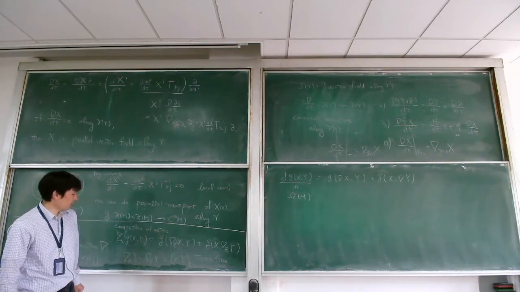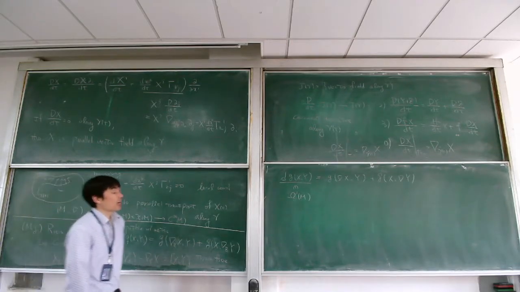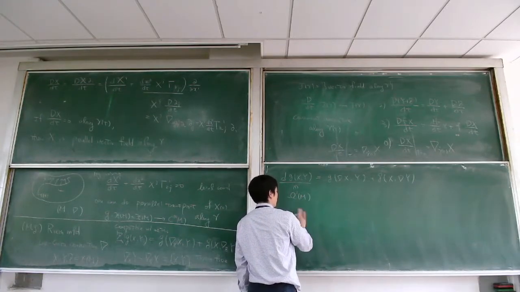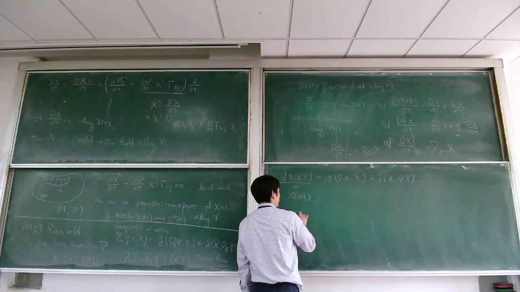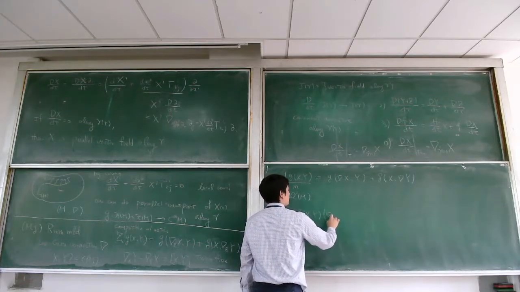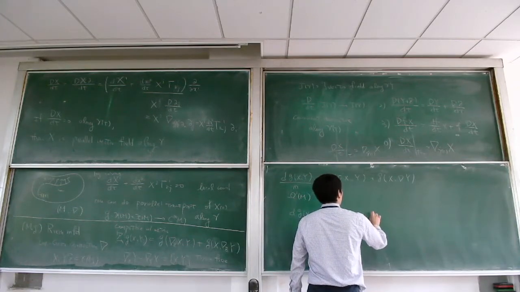So therefore, here you just have an assignment. So this is the one-form. Just recall that if you have a one-form d g(X,Y), it acts on Z as Z g(X,Y).